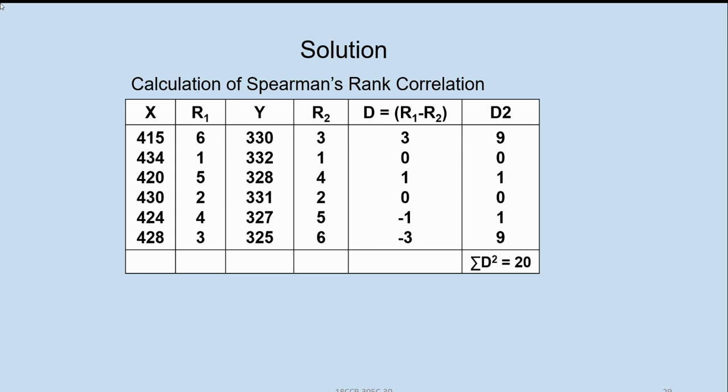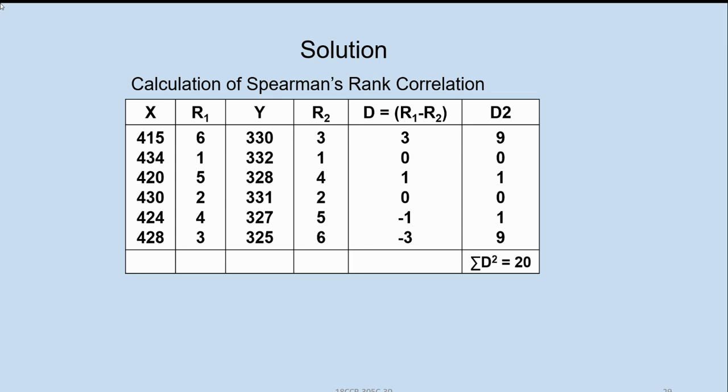Please understand the table. In the first column, we have taken the X series. In the second column, we have taken the Y series. And we have taken the ranks, highest number as 1, lowest number as the last number, that is 6, for both X series and Y series. One important point is you do not change the series which is given.